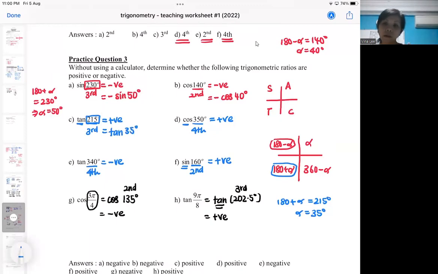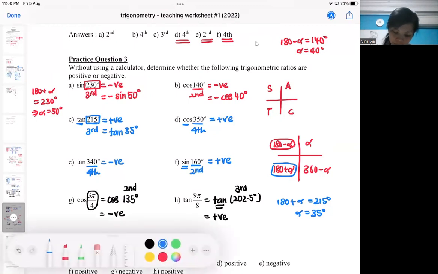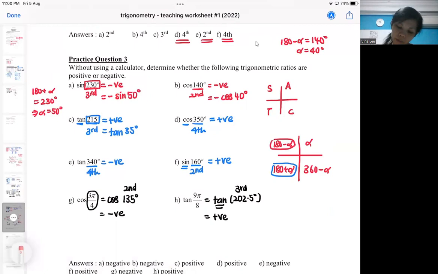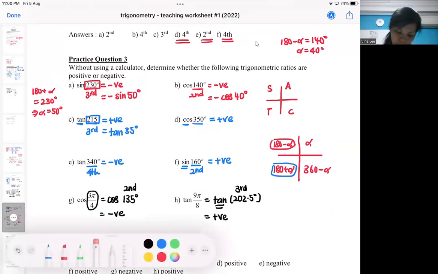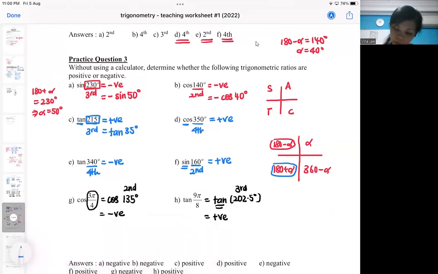You go and punch the calculator, tangent 215 and tangent 35, they are the same answer. Then 350 is the fourth quadrant. So I will take this one: 360 minus alpha is equal to 350. So you will get 10.